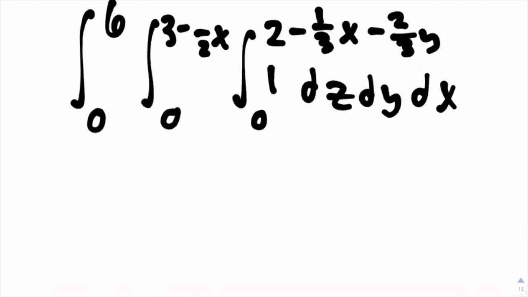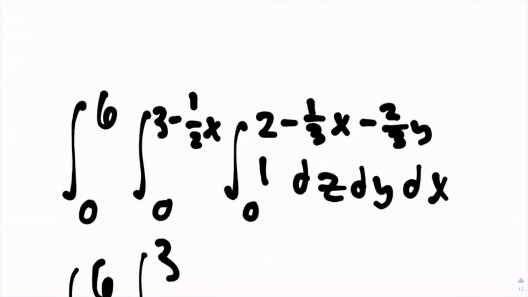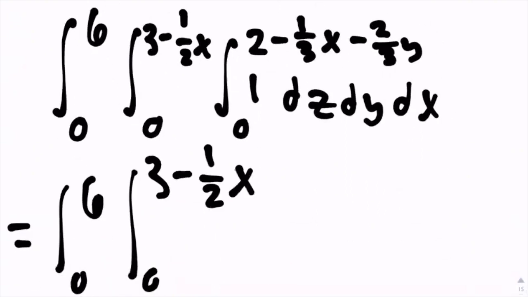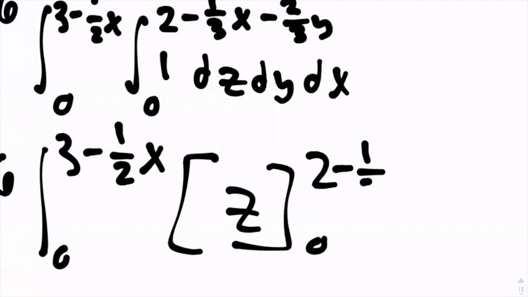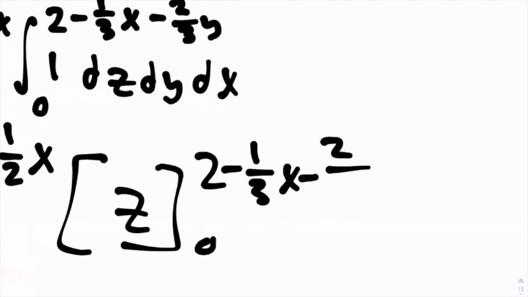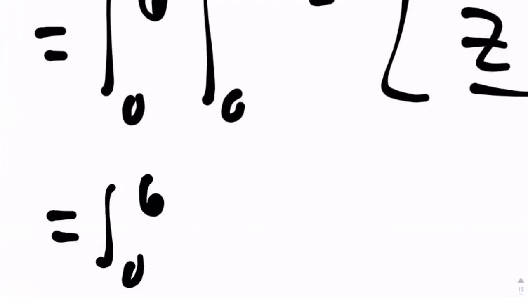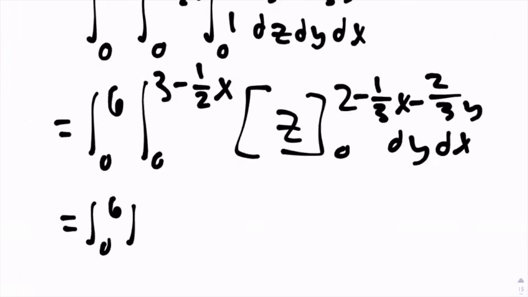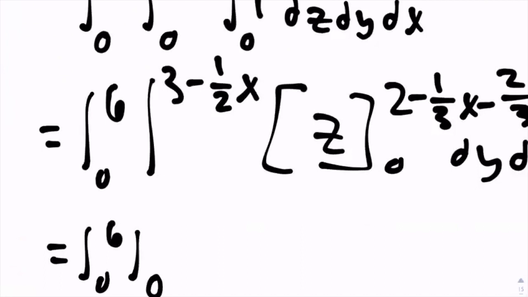So starting off with z, never forget the equal sign, the integral from 0 to 3 minus 1/2 x of z from 0 to 2 minus 1/3 x minus 2/3 y, dy dx. We know that if we plug in 0, we'll get 0. So the only thing we really need to plug in is 2 minus 1/3 x minus 2/3 y. And when we do that, let's make this clear.